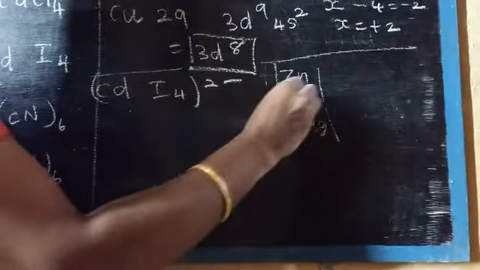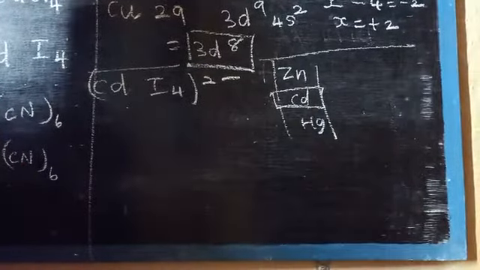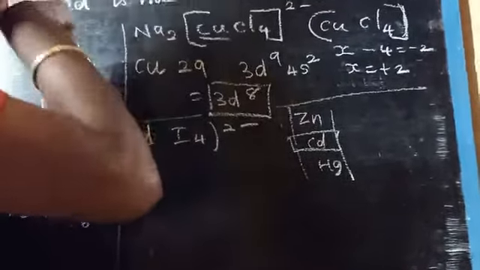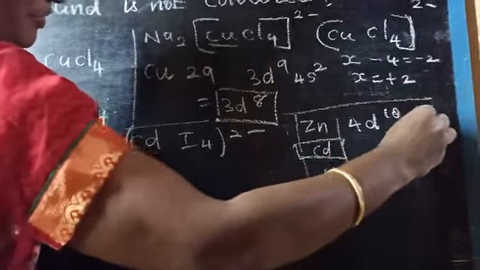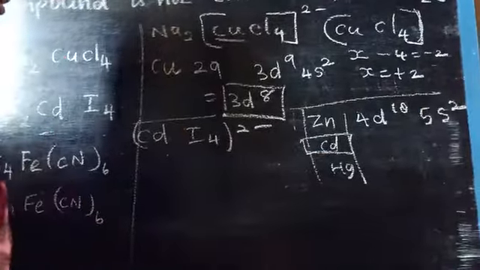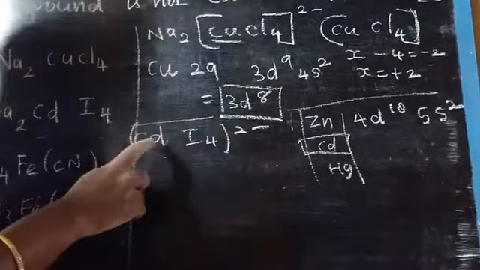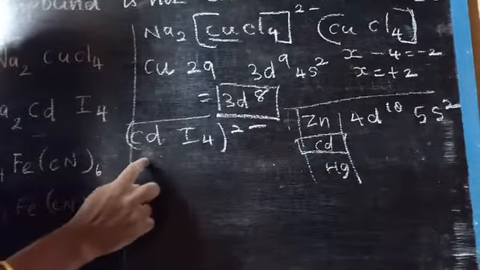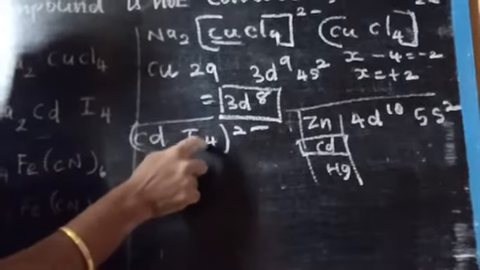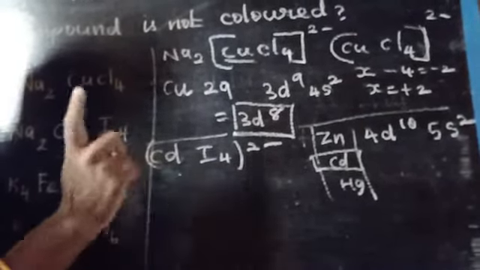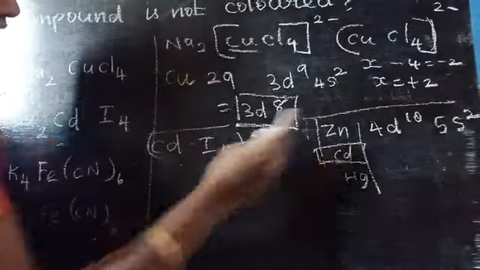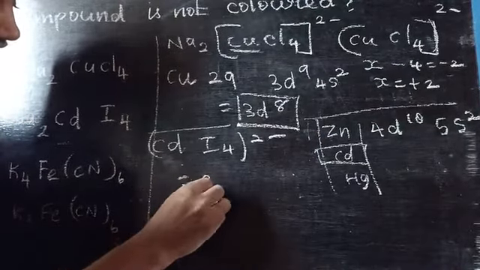Now for cadmium the oxidation state, we want to write. Here 3d10 4s2, so automatically this one is 4d10 5s2. So now to find out the oxidation state, X here 4 minus 4 is minus 2, so X is equal to plus 2. So plus 2 means what about the remaining, 4d10.